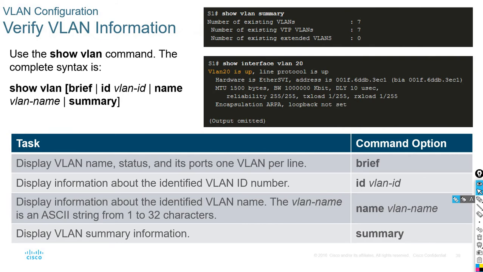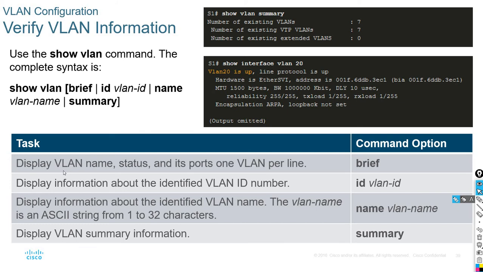To verify VLAN information, after a VLAN is configured, it can be validated using the Cisco IOS show commands. For this the show vlan command is used, show vlan summary, and show interface vlan 20.